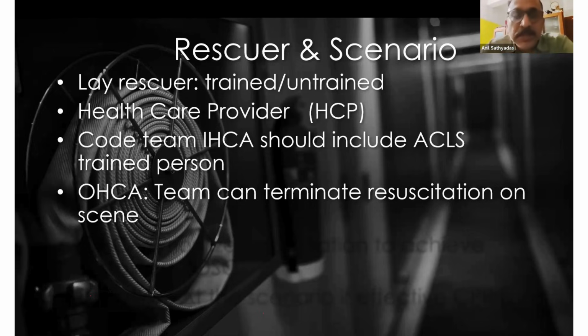And another recommendation that has been given in the 2025 guideline is that the team who does the out-of-hospital cardiac arrest can decide on termination of resuscitation at the scene. That is, don't bring patients who cannot be revived into the hospital. I am not very sure how practical that would be.